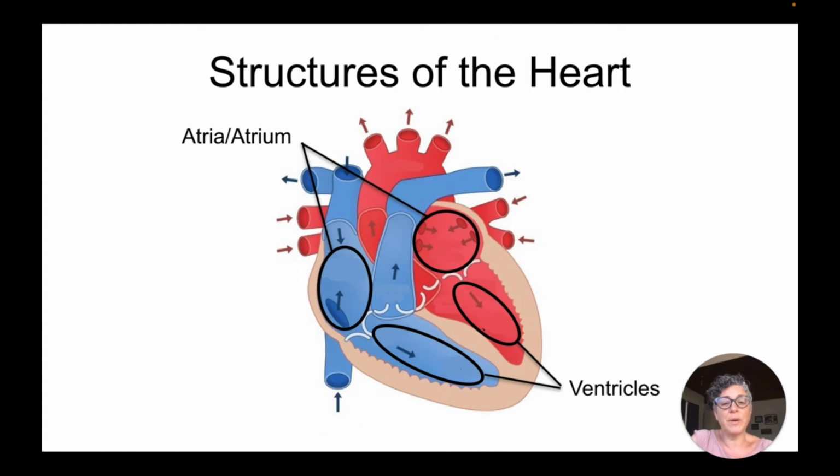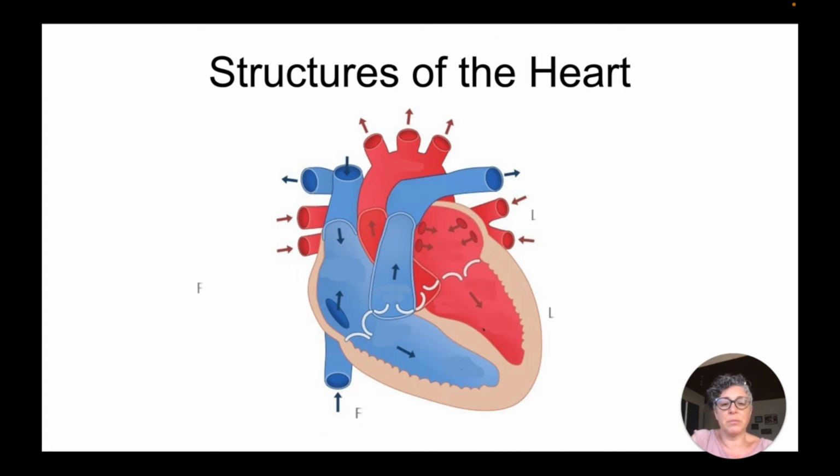So how do we label each of these chambers? Well, we would label them right atrium and right ventricle, and left atrium and left ventricle. Remember, the sides of the heart are going to play a part in the labeling, so you have to remember which side is which.